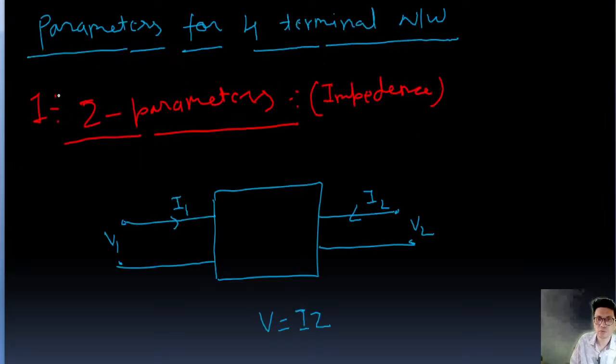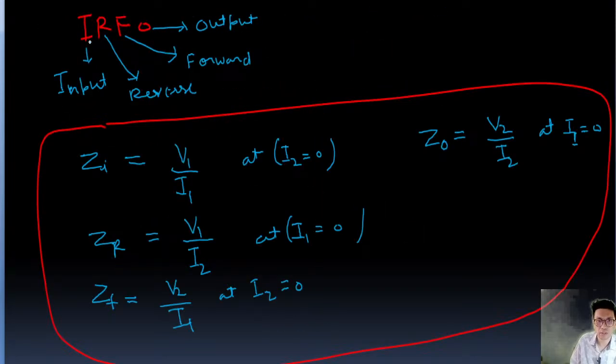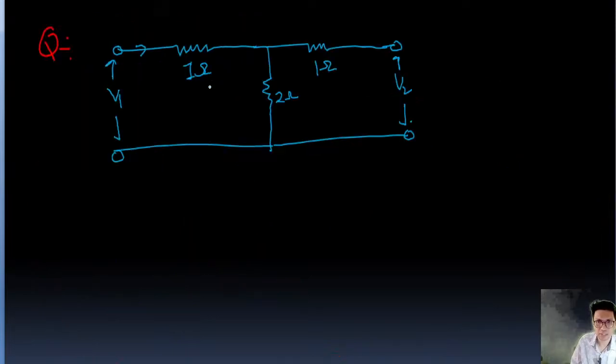You need to note down IRFO. So Zi, Zr, Zf, and Zo we need to find out. Very simple. You need to understand the current direction: this is I1, this is also I1, and this is the direction of current I2.